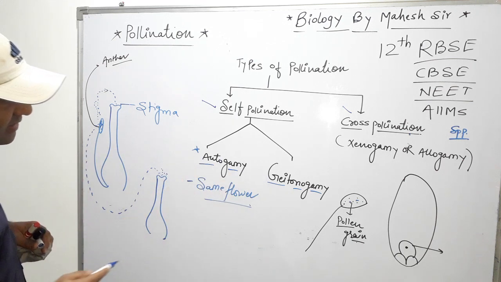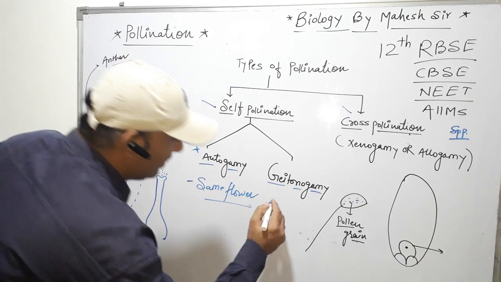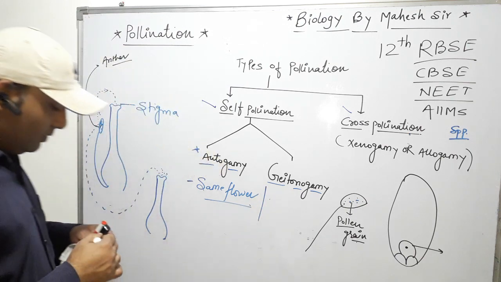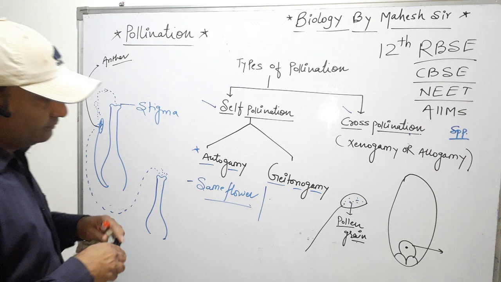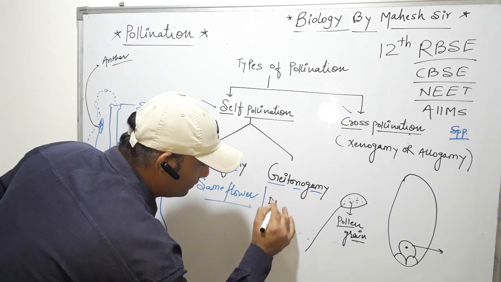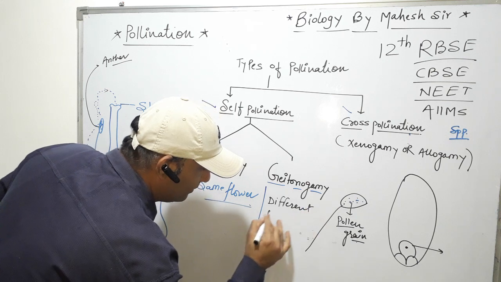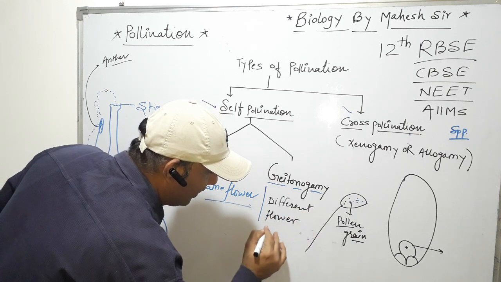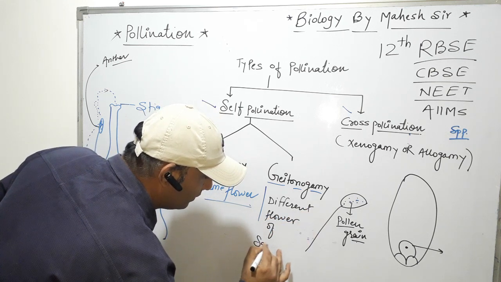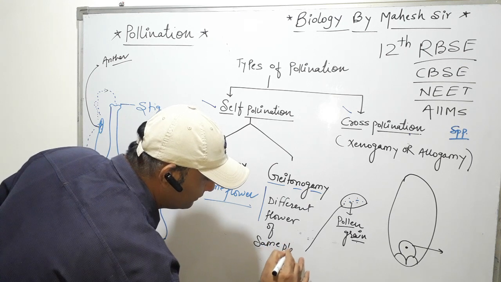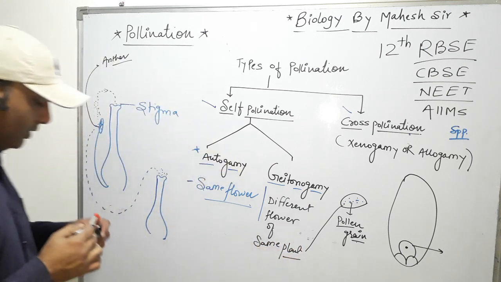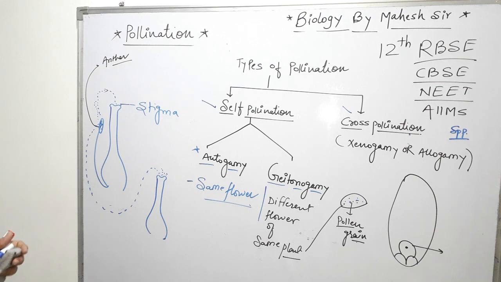If the flower is different, that time it is called geitonogamy. So we can write: different flower of same plant. So it is called geitonogamy.